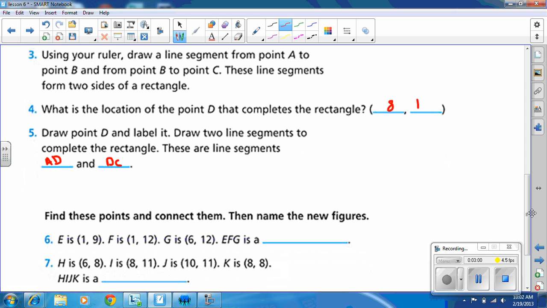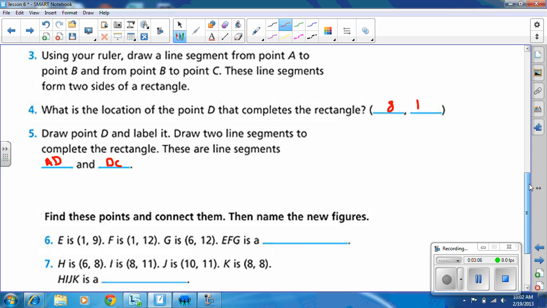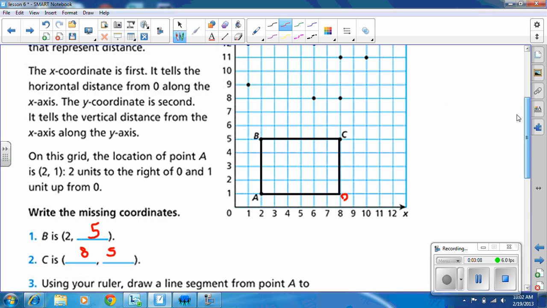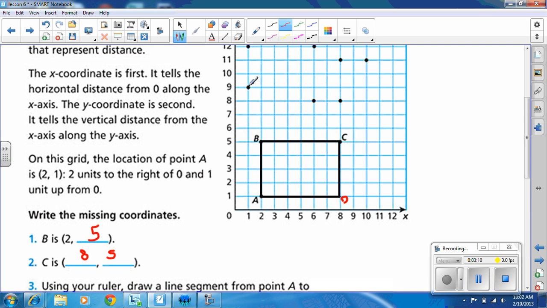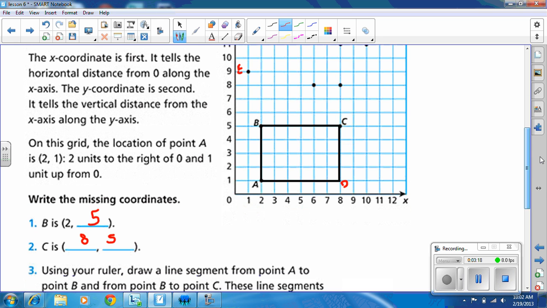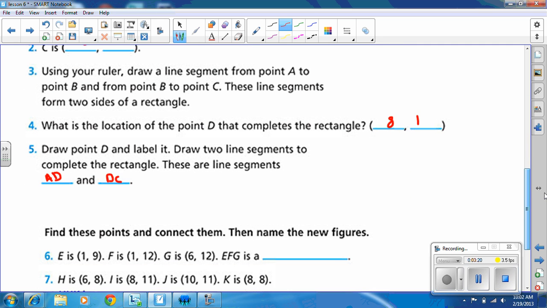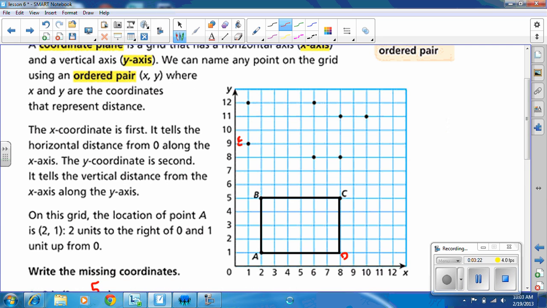Okay, next we're going to find the points and connect them. So on that same graph, we need to go to 1, 9. 1, 9 over 1, up 9, we'll label it E. Okay. We're going to come down, we're going to go to F, 1, 12.